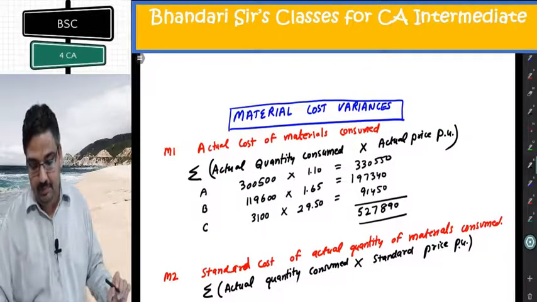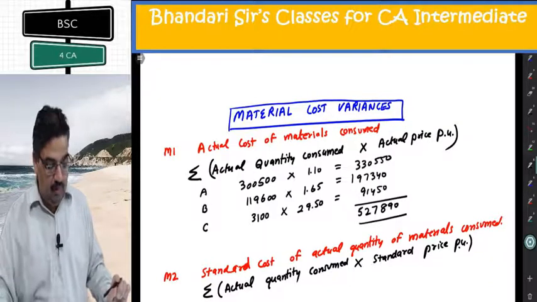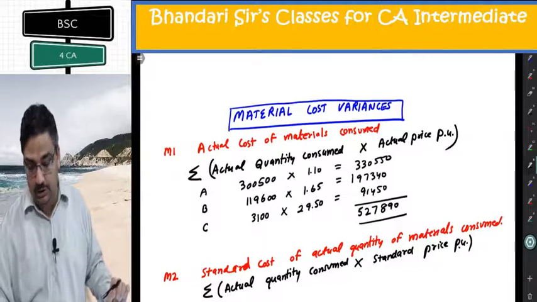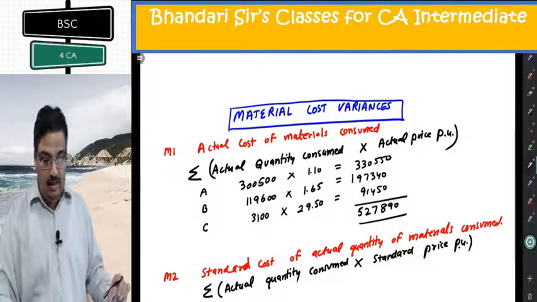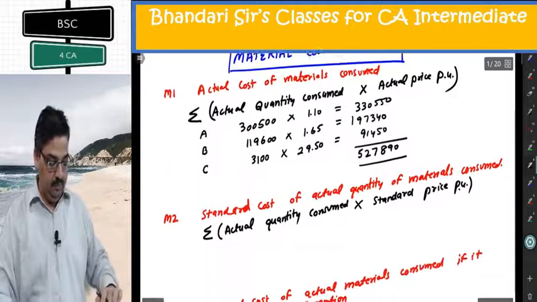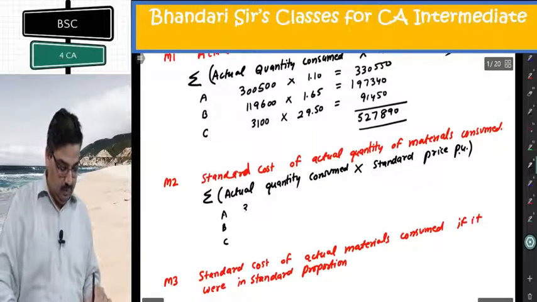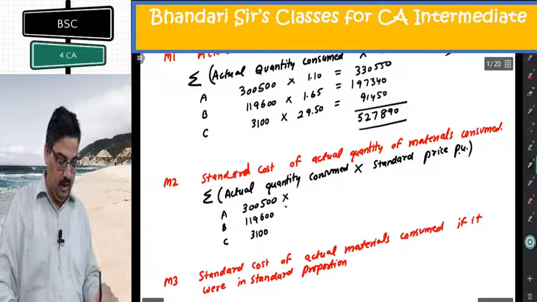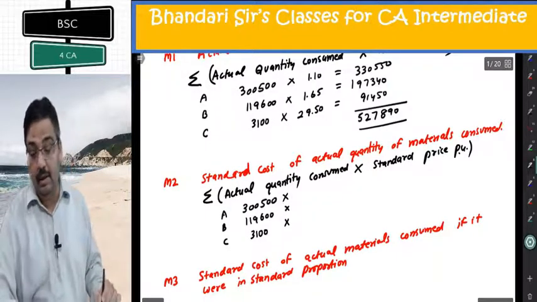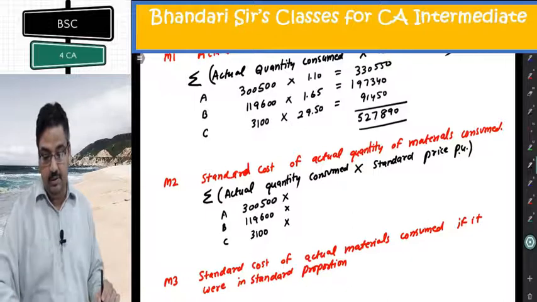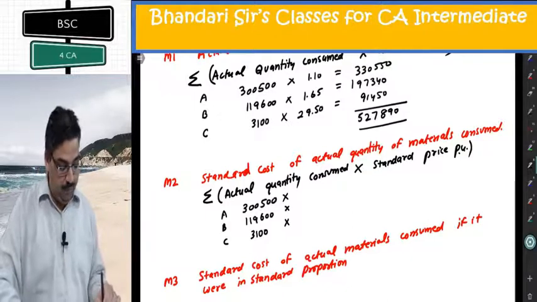Second step. The rate will be converted into standard. Everything else will remain same. So ABC 3,500,000, 119,600 and 3,100 multiplied by their standard rates 1, 1.50 and 30.